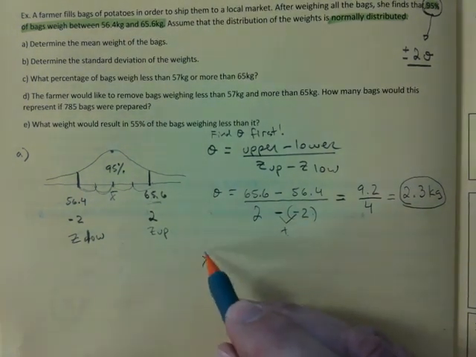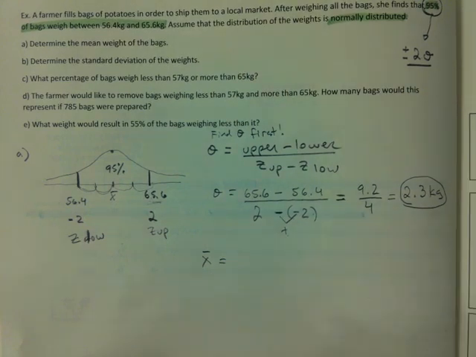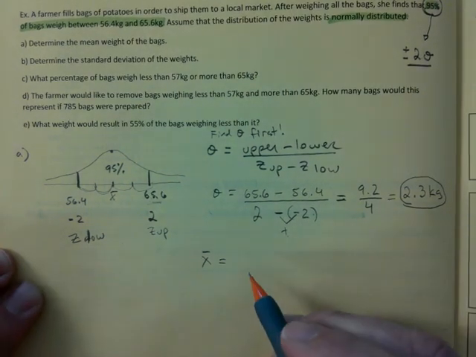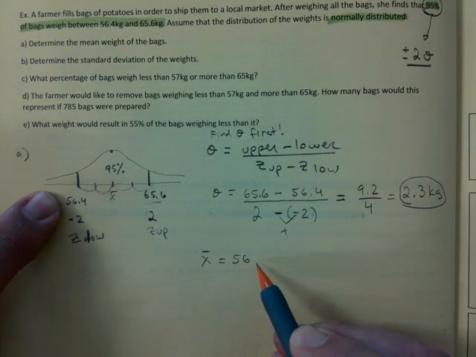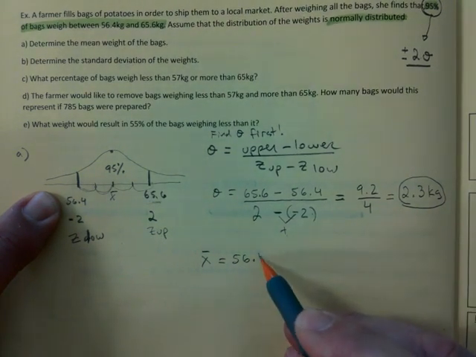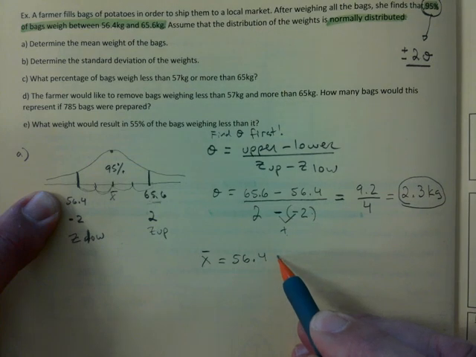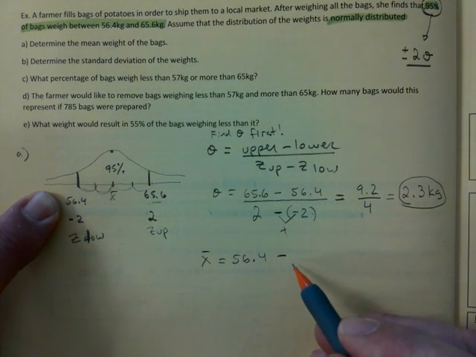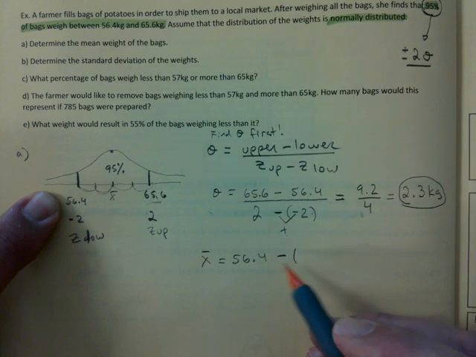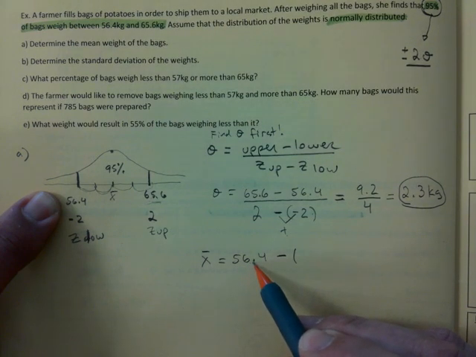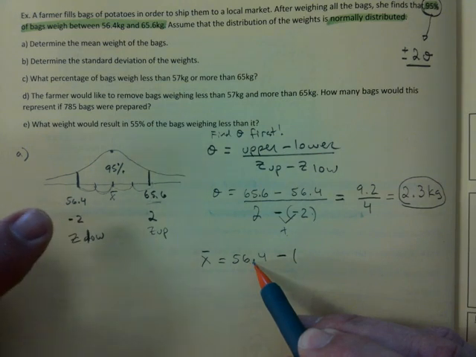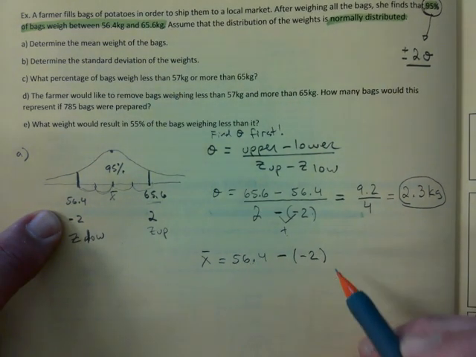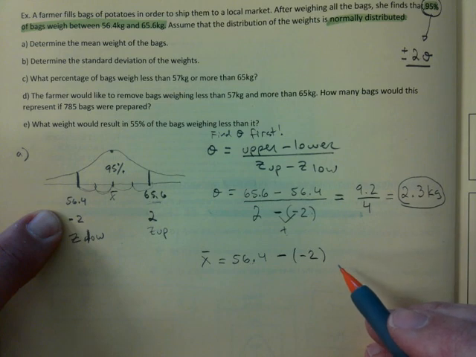So I'm going to tell you this. The average was the value, so you pick, I'm going to pick this value, 56.4. It calls for minus, what's the z-score for this value that you're using? My finger right here, right? -2, times the standard deviation.